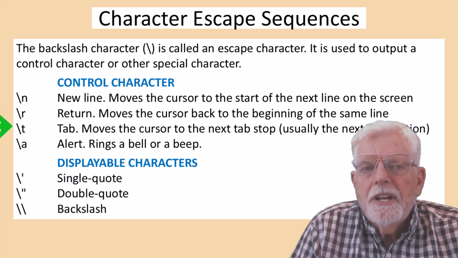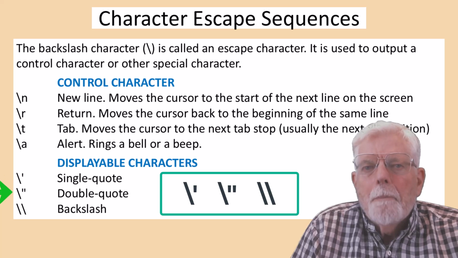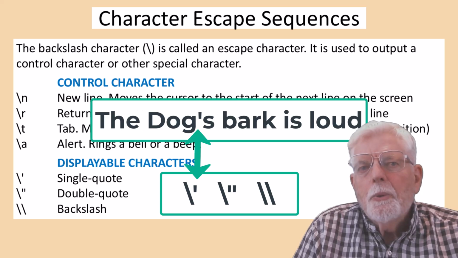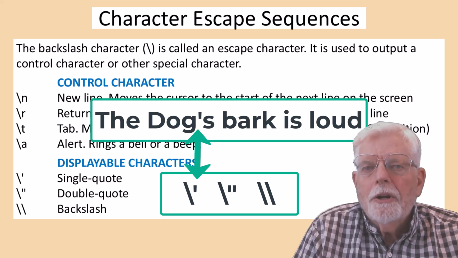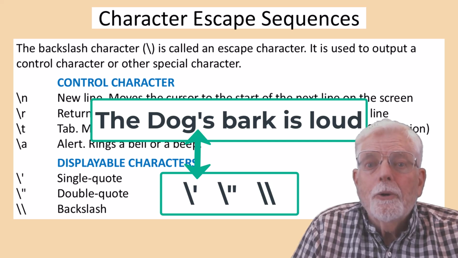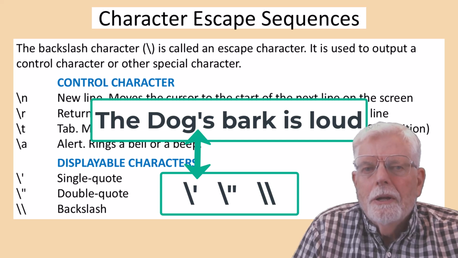The \t tab can be used to line up columns by moving the cursor to the next 8th position. \', \", and \\ are used to insert the single quote, the double quote, or \ as a character in a string. I realize that a single tick mark is called an apostrophe, such as the dog's bark is loud, but I'm referring to it as a single quote when coding.